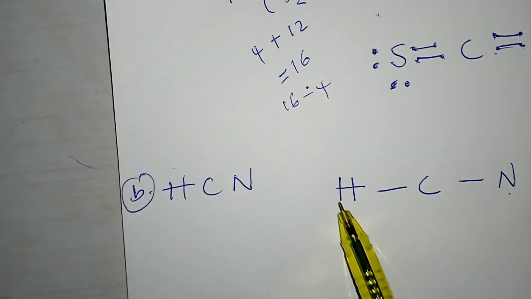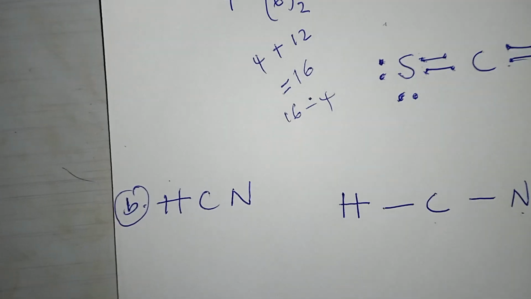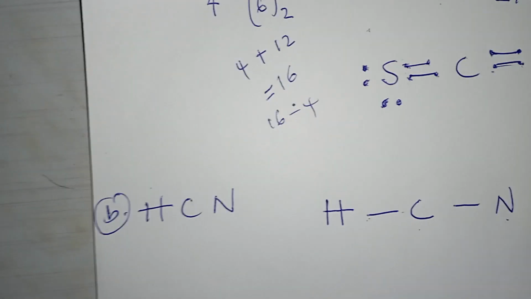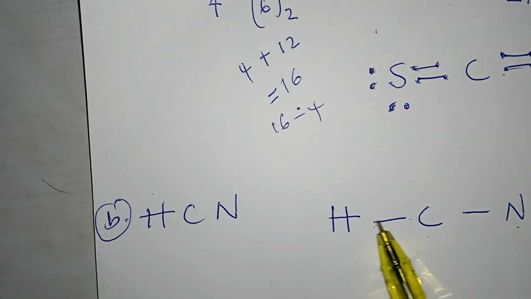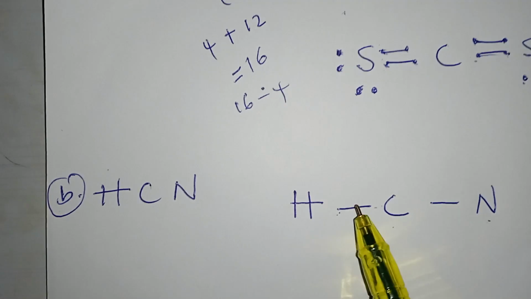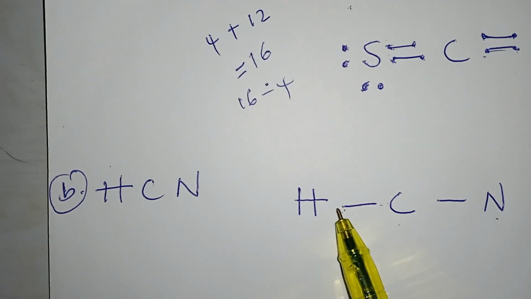Then hydrogen itself has just two bonds. It exists as a duplex structure, so it's always in a position where it will have just two electrons.